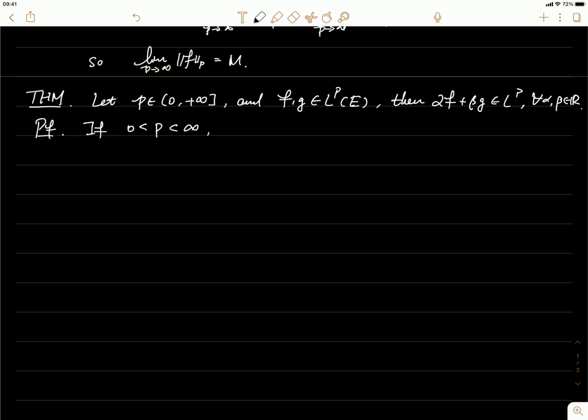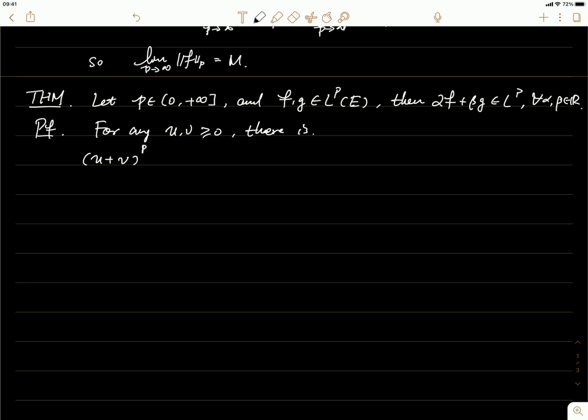Okay, to prove the case of finite p, let me recall the following inequality. For any non-negative real numbers u and v, take the p-th power of u plus v, where p is finite and positive.